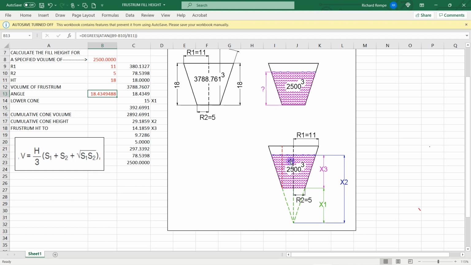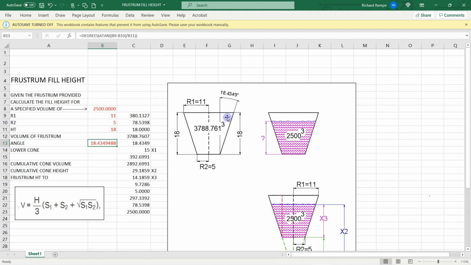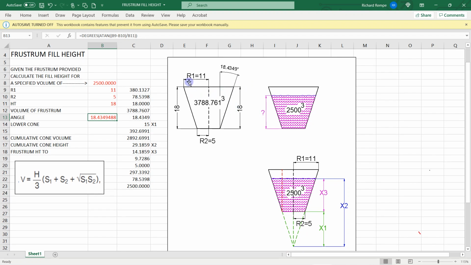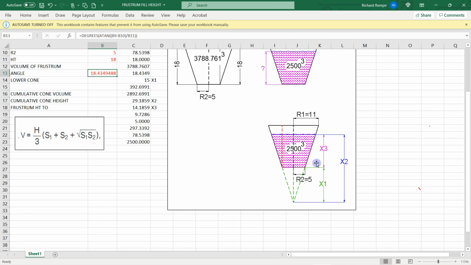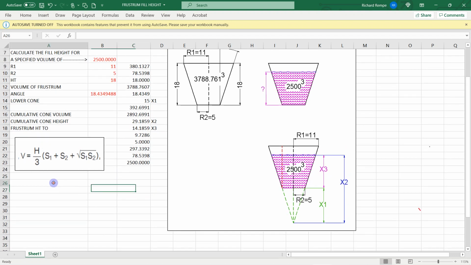We have the lower cone, so we need to calculate x1, and you already have kind of what you need here. 6 divided by 18 is the same ratio as 5 is to x. If you flip that around, it's easier: 18 divided by 6 is equal to x divided by 5, so the x is already on top.